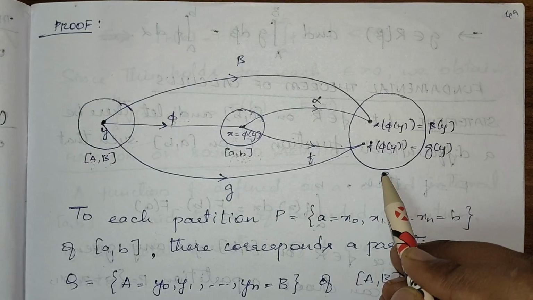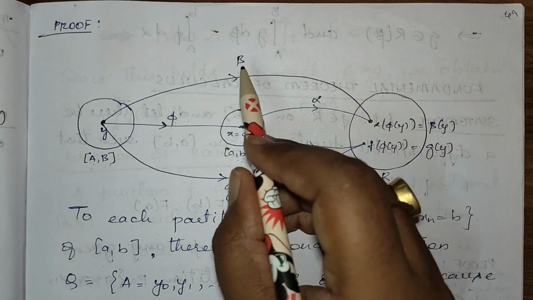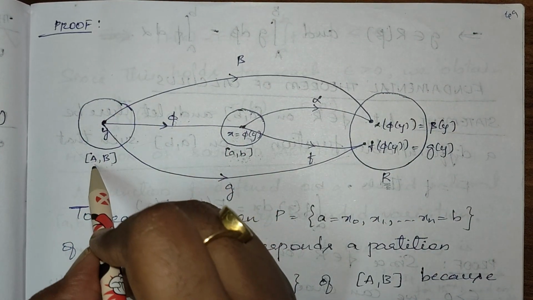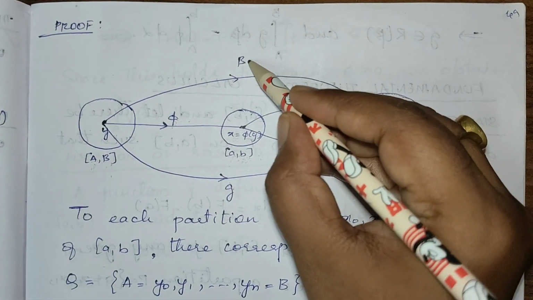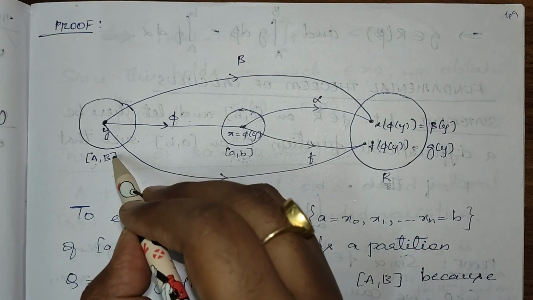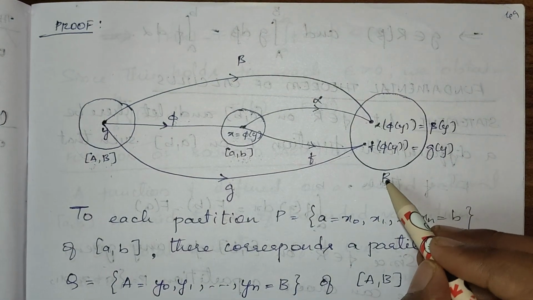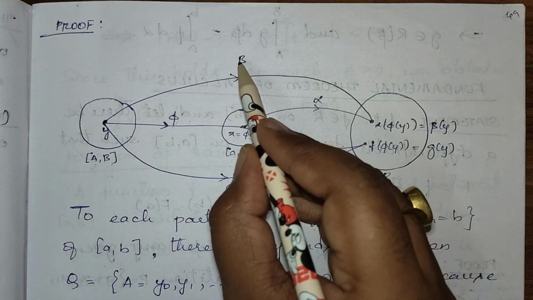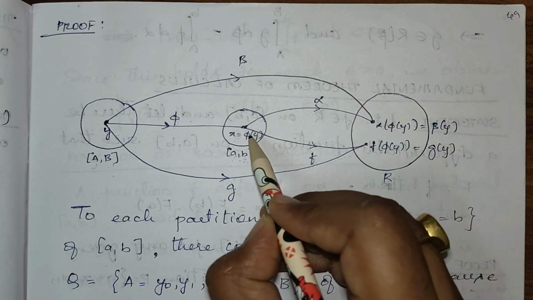Okay, and they have also defined beta and g on the closed interval [A, B]. So if they have defined beta and g on the closed interval [A, B], then obviously the codomain of beta and g will be the set of all real numbers. Here they have defined beta of y equal to alpha of phi of y.